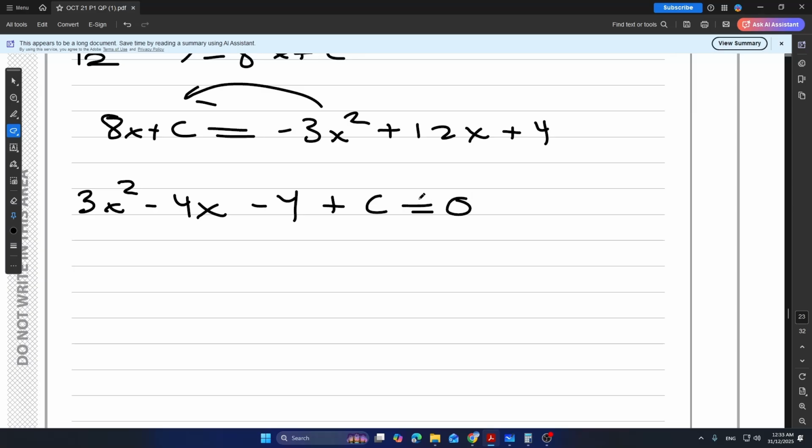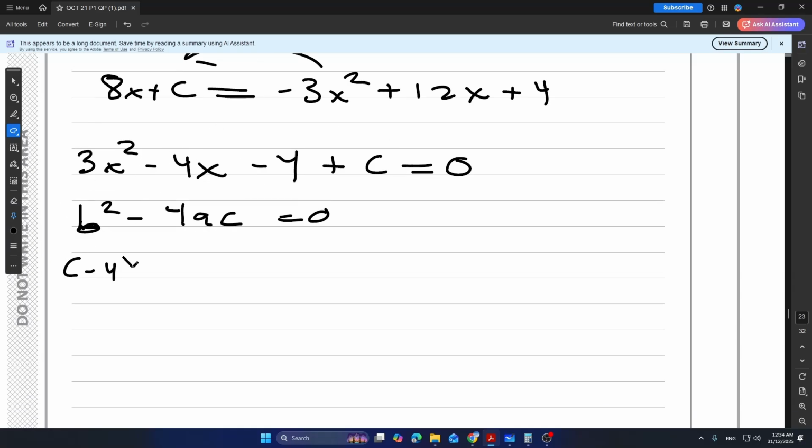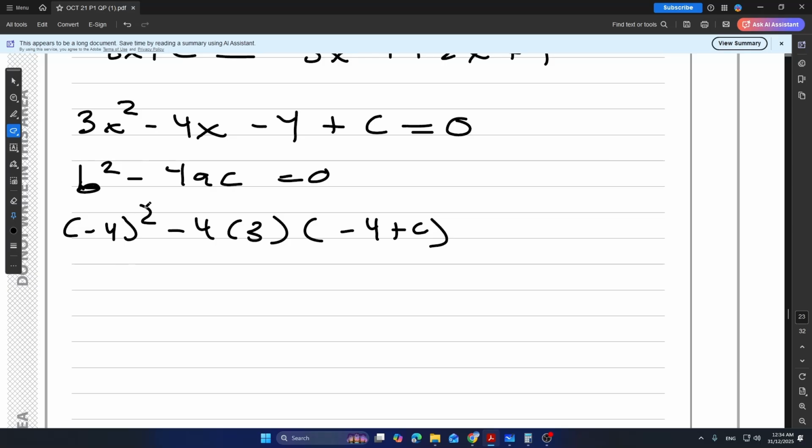Okay, so we said b squared minus 4ac is equal to 0. So let's go. b squared minus 4ac equals 0. We can say b is going to be this, and c is going to be all of this, because it can be any number, so it's a constant. So this is a, this is b. So b squared, which is minus 4 squared, minus 4a, which is 3, and c, which is minus 4 plus c. Minus 4 squared is going to be 16.